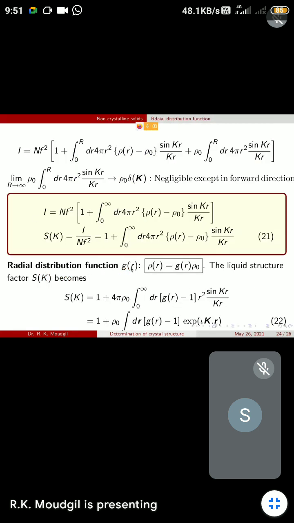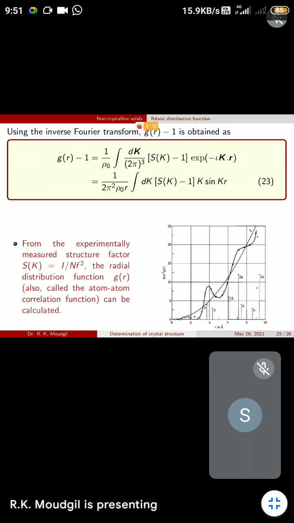By definition, you multiply the average atomic density in the solid with this function, and we get the atomic concentration function. It means g(r) tells us the way the atoms are distributed in real space in the non-crystalline solid. In the non-crystalline solid, of course, it is a function of r only. Angles have been averaged out.